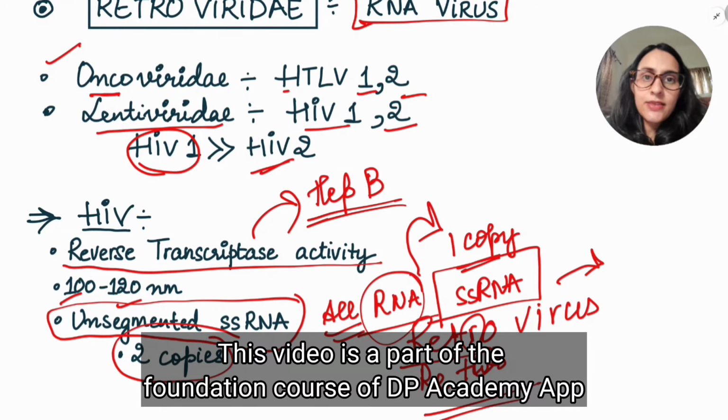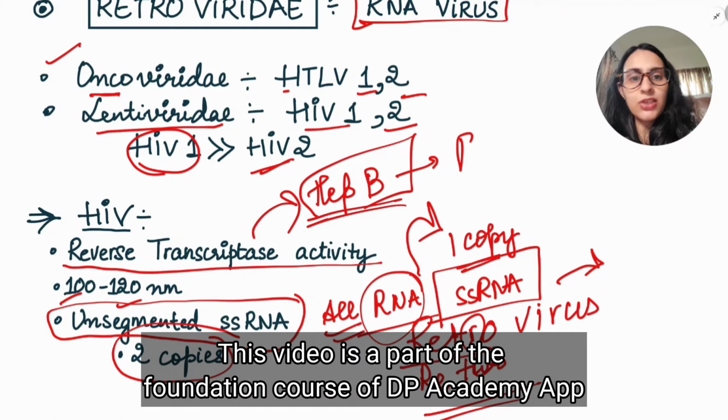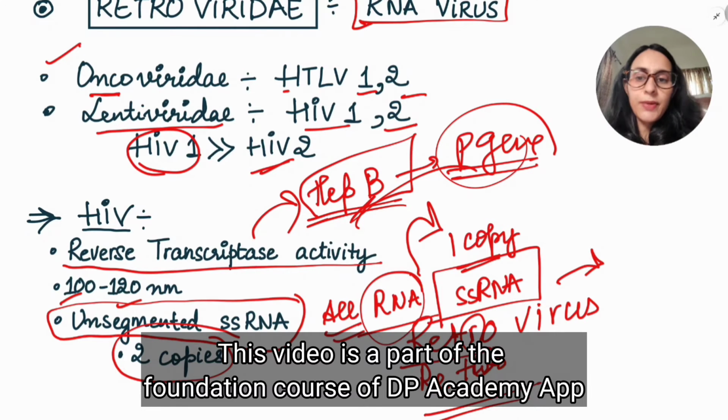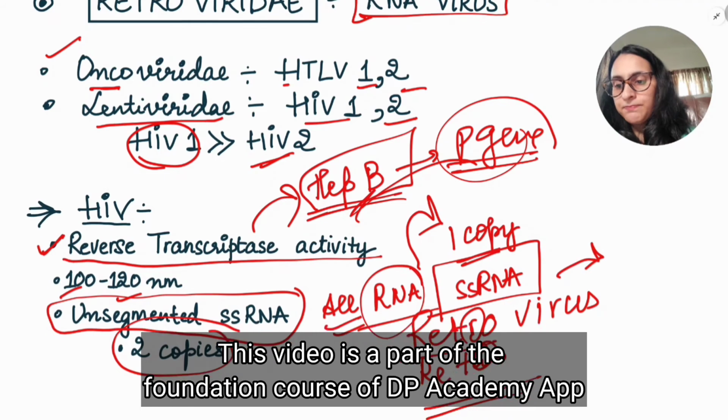All the hepatitis viruses are RNA except hepatitis B, which is a DNA virus, and you remember in the P gene of hepatitis B virus, we have studied that it has got reverse transcriptase activity.